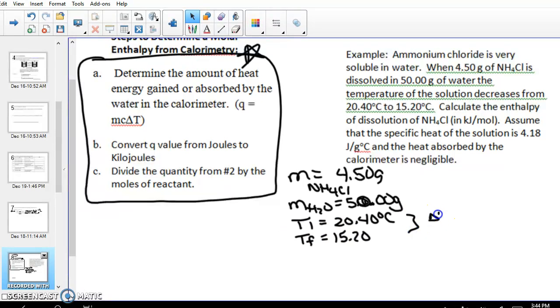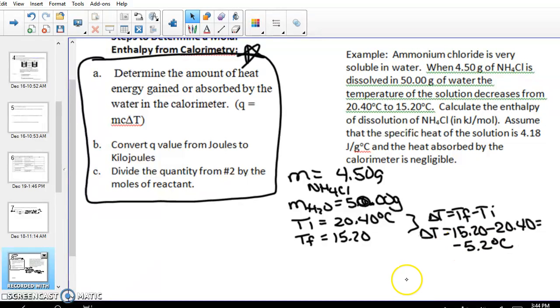So delta T here is T final minus T initial. Delta T is going to be 15.20 minus 20.40. We're going to get a negative here. We've clearly lost energy as it went from 20.40 to 15.20. So my delta T is going to be negative 5.2 degrees Celsius.